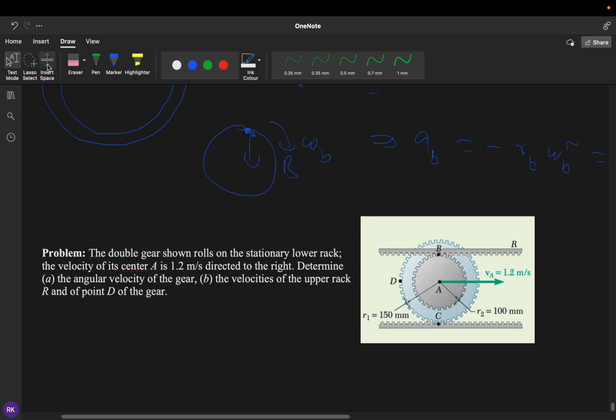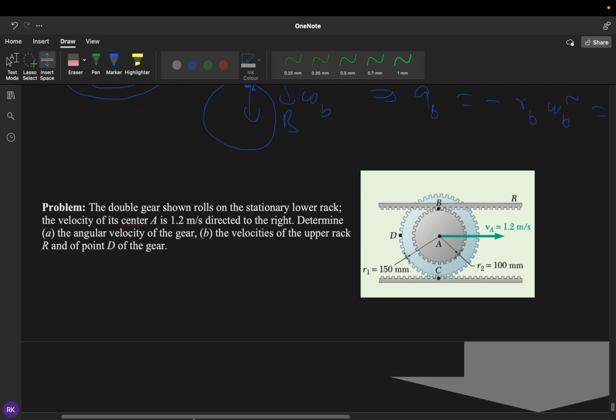Are you guys solving or not? Trying. Yeah.